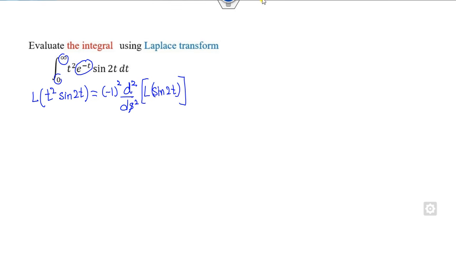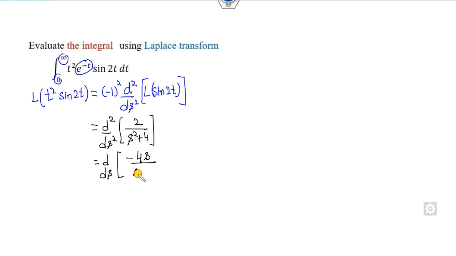So what is the Laplace of this? Minus 1 square is positive, so it is d square by ds square. The Laplace of sine 2t is 2 over s square plus 4. So I can firstly find the first derivative. The first derivative will be minus 4s over (s square plus 4) whole square. Now you can find the second derivative.